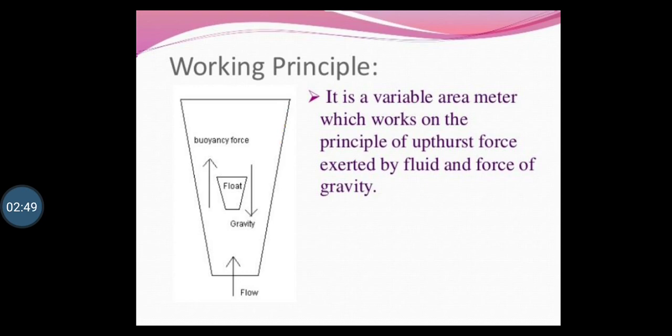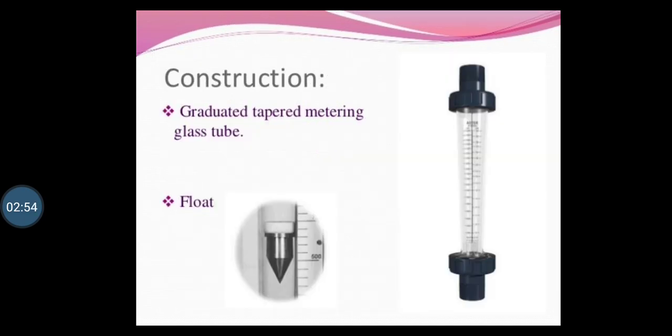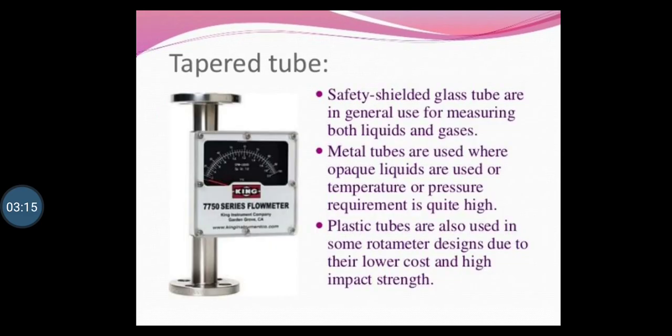Okay, let's start the construction of rotameter. Its construction is very simple. It consists of a tapered glass tube in which float is placed. So let's see some different type of tapered tube and float used in rotameter. First we will see tapered glass tube. They are safety shielded glass tube which are in general used for measuring both liquid and gases.